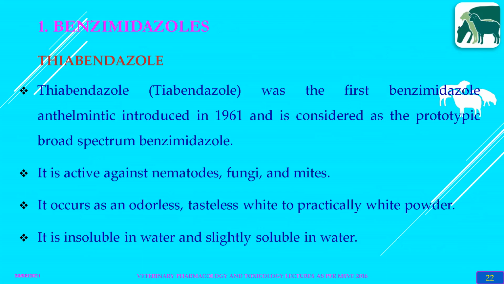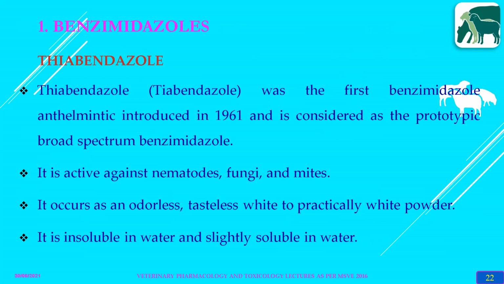Then coming to the first agent, thiabendazole, which has alternate spellings. This is the first benzimidazole, introduced about 56 or 57 years back, and is considered the prototypic drug for the broad spectrum benzimidazoles.